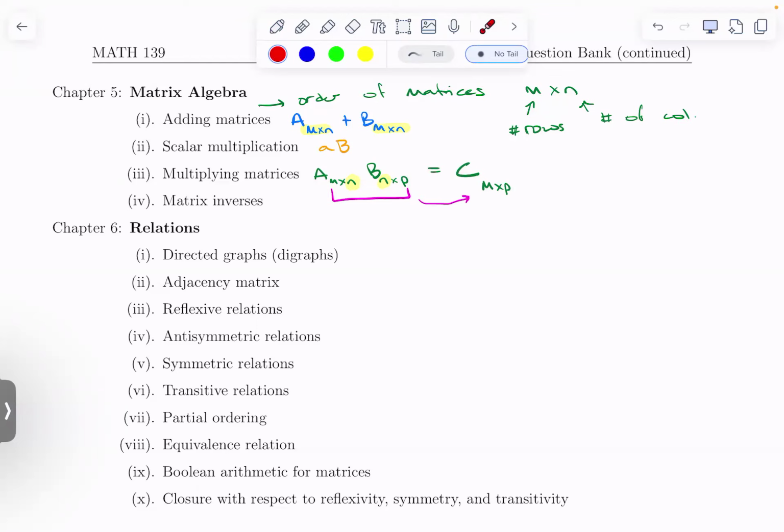And then the inverse of the matrix. We did look at the determinant, and you're welcome to memorize the determinant, but that's just for a 2x2 matrix, right? So that's kind of limiting. But what did we say? We said, okay, to find the inverse of A, let's say, we can tack on the identity matrix of the same size.